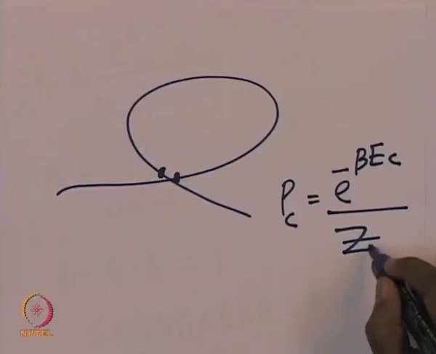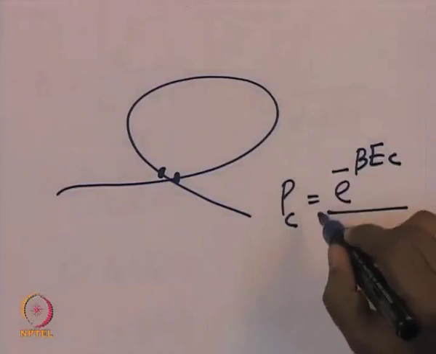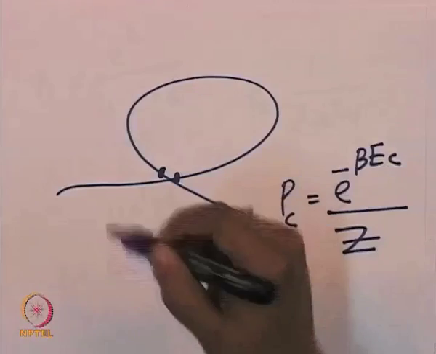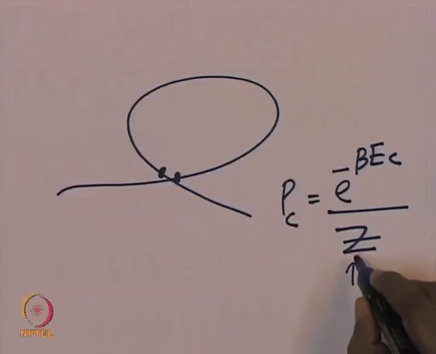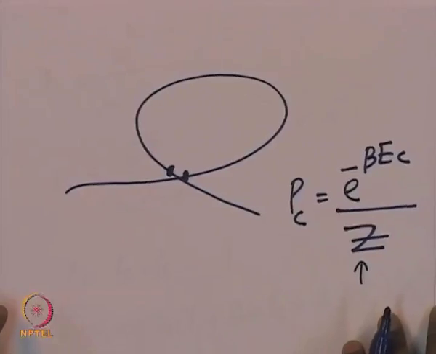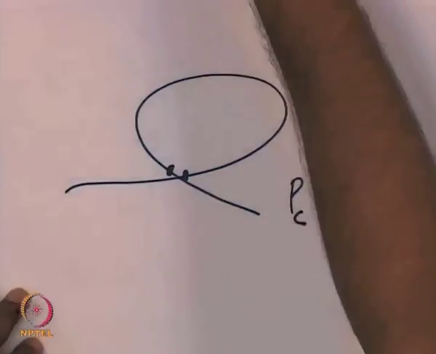So, if you know how to calculate the partition function, you can calculate the probability that the DNA has a particular conformation. Now, we will discuss how to calculate the partition function for the DNA in a given model. The simplest model for the DNA, some of you might have heard of this, is called the worm-like chain model.